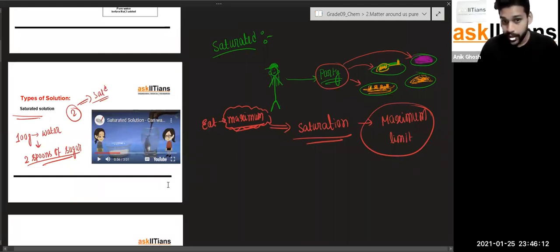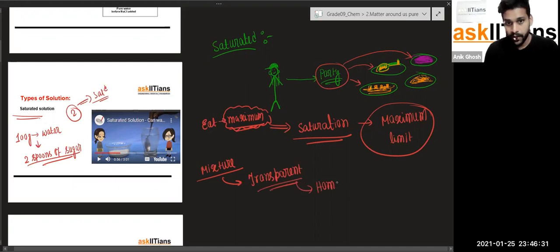In this mixture you can see that it is transparent, isn't it? I have told you earlier, when you get a transparent mixture, when you cannot see the particles, we call it homogeneous.